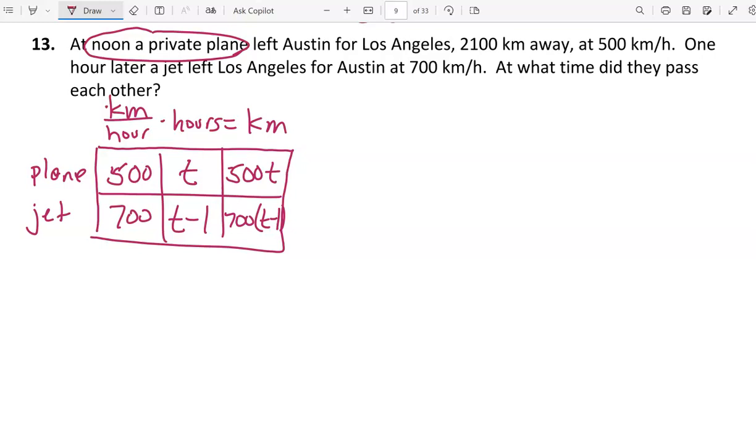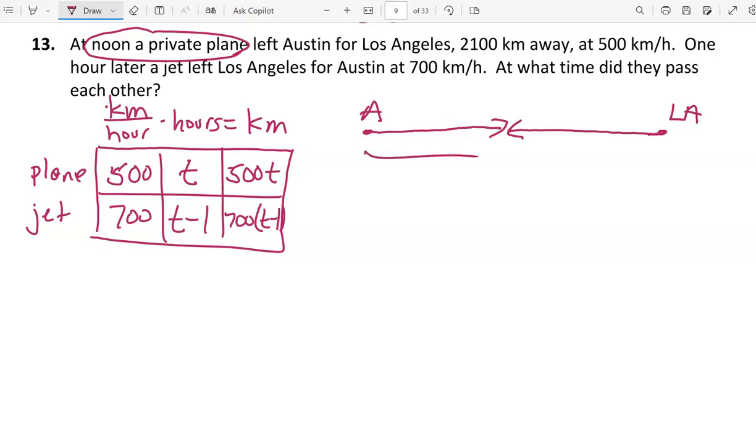Now let's draw our picture. Here's Austin and here's Los Angeles. The private plane leaves at noon and drives, or rather flies, and at 1 o'clock, 1 hour later, the jet leaves and flies in the opposite direction. When they pass one another, they're meeting kind of in the middle.